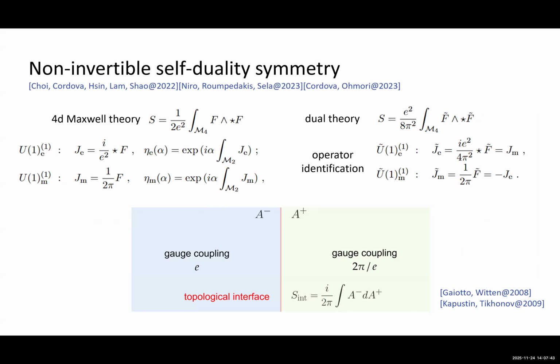You can verify that indeed this topological interface action is going to give you a continuous stress tensor across the defect. So in that sense, that is indeed a topological one. And it's going to give you this identification between operators as I listed here.